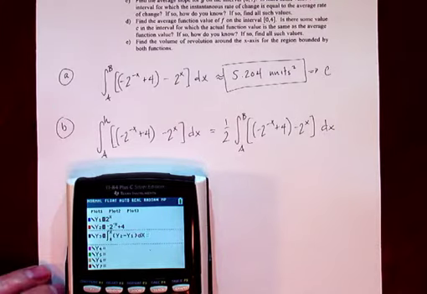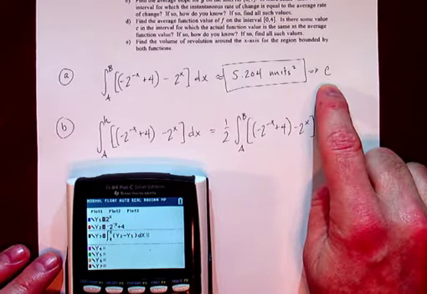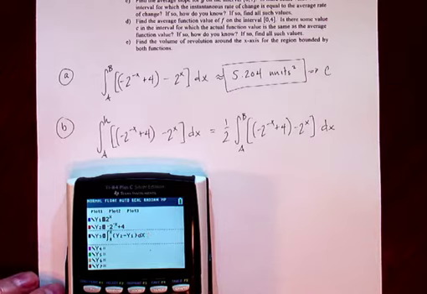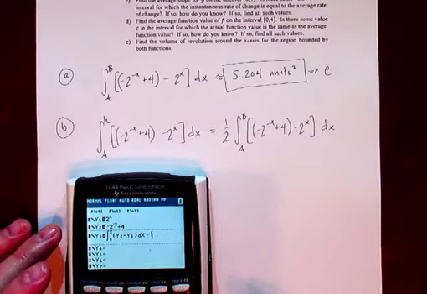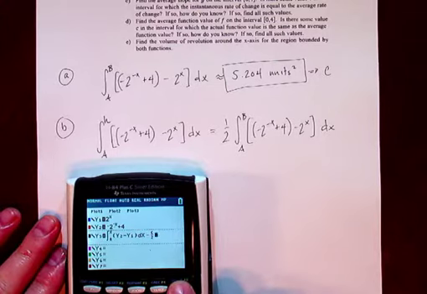Now, I want to know where that is equal to half of c, right? So I could just subtract c divided by 2 so that I can just look for the 0, right? Okay. Well, let's go ahead and graph this.